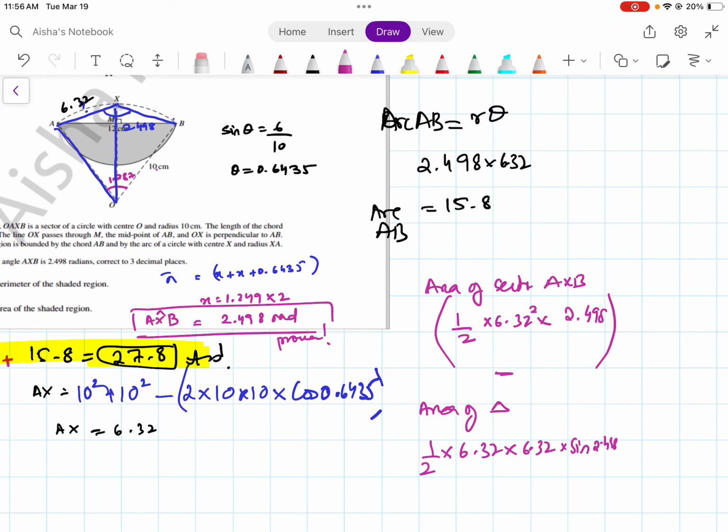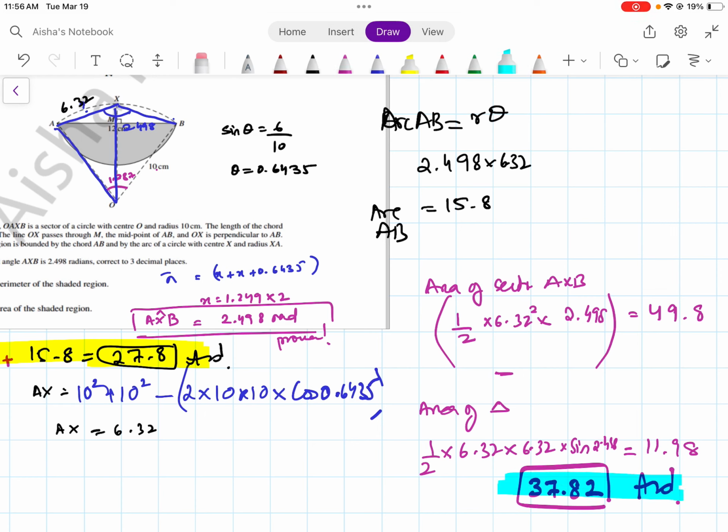So this will give me 49.8 minus 11.98, 37.82 is my answer for area. Okay, and that's the end of story.